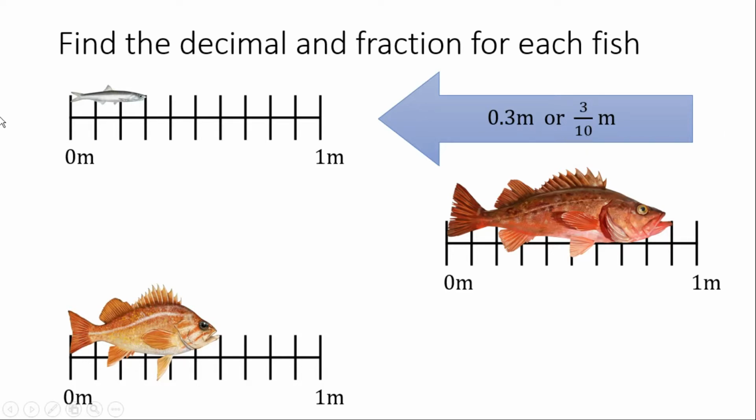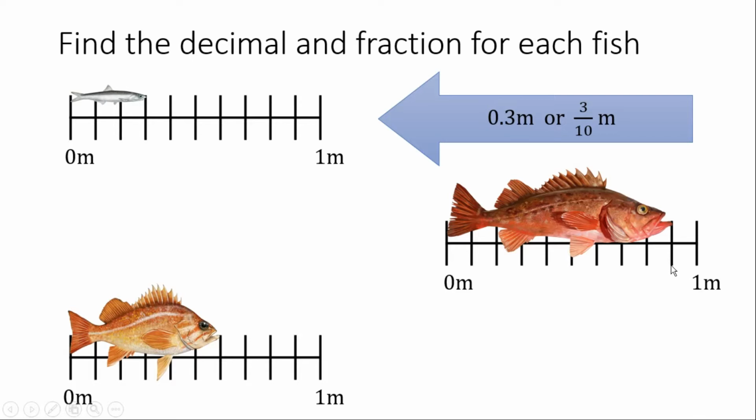Now looking at the Boccaccio rockfish, it's the largest fish on our screen right now. And you can see that the tail is at 0 meters. And then how many tenths of a meter does it stretch? Well, let's count. 1/10, 2/10, 3/10, 4/10, 5/10, 6/10, 7/10, 8/10, 9/10.